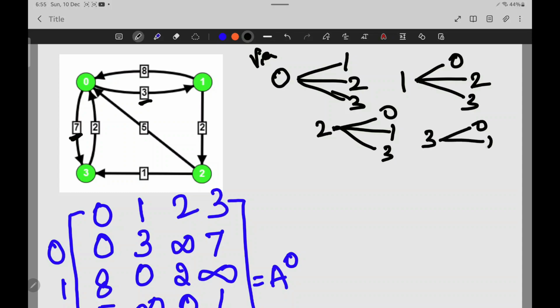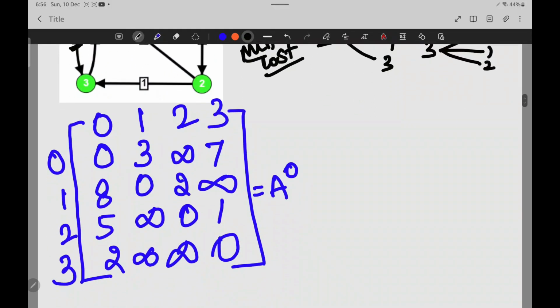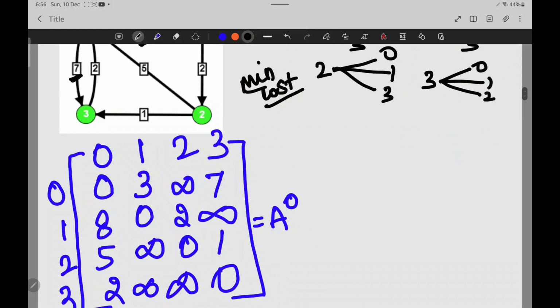Likewise, we need to travel to all the vertices and find the minimum cost. That's why this is an optimization problem. We would like to find the minimum cost to travel from source to destination. Through the matrix we are finding the weighted cost of each edge from one vertex to another vertex.